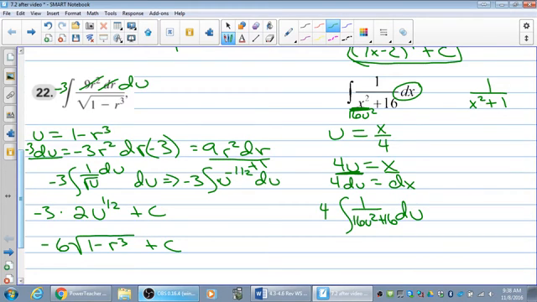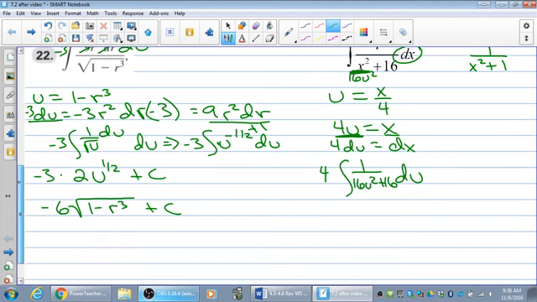That was the whole goal. Get that to be 16 with both of them, and I can factor out the 16 out of the denominator. So this becomes 4 over 16 integral of 1 over u squared plus 1 du, and I have exactly what I want. Now I can make this 1/4 inverse tangent of u plus c.